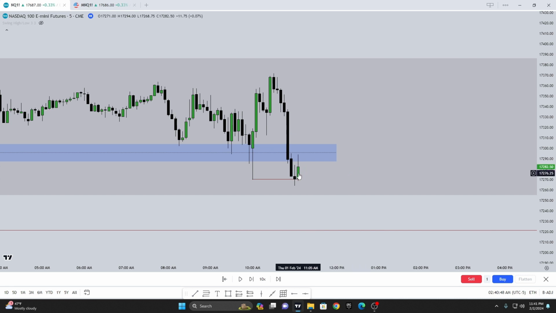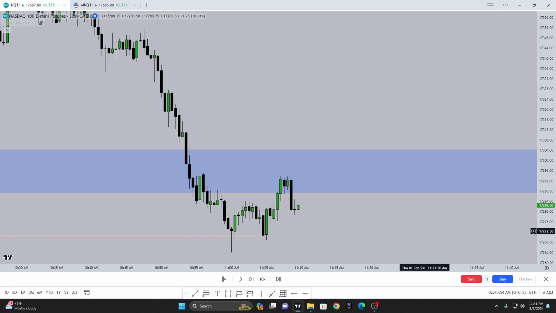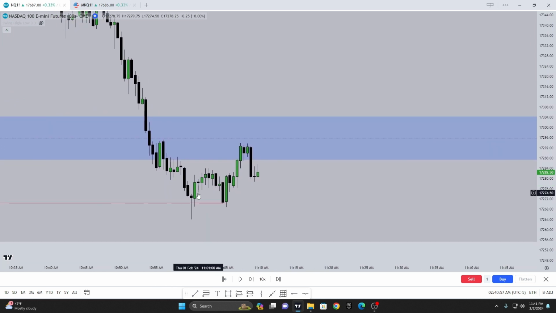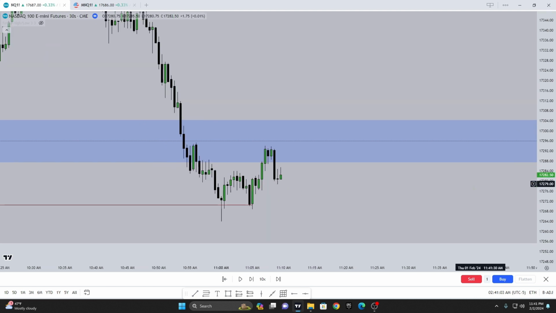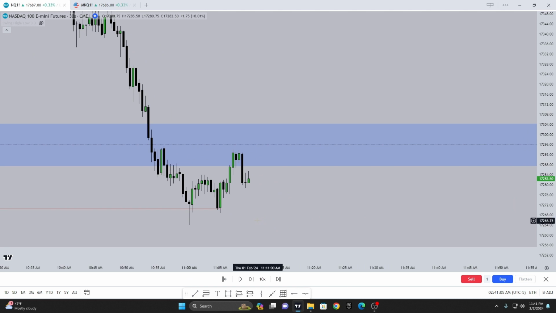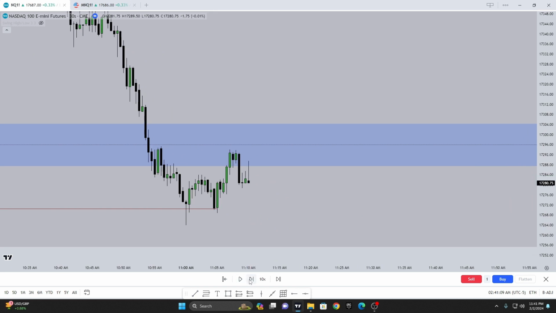So we got a 5-minute up close candle. And once that closes, we drop down to the 30-second chart. Okay. And now there are fair value gaps that have been traded into, but if this is the case in your scenario, then we're simply going to wait for another one to form.